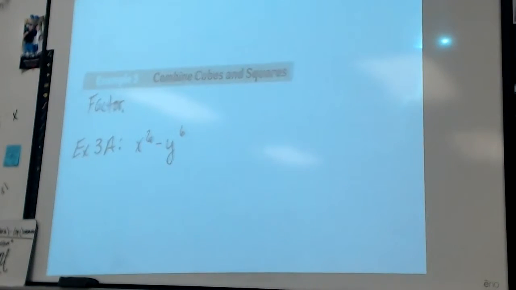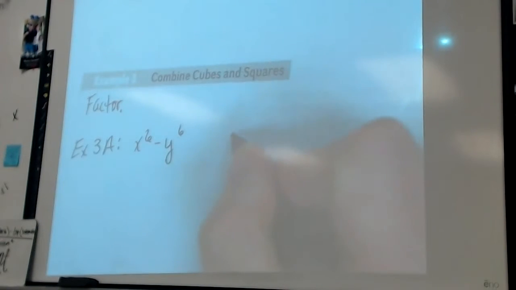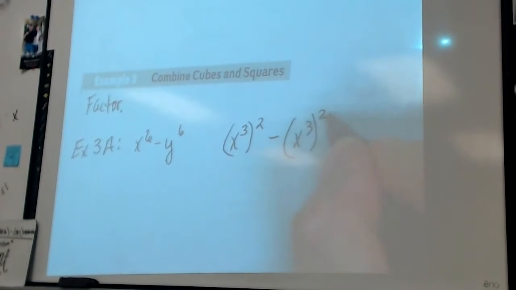Okay, so this could be rewritten as x cubed squared minus y cubed squared. Okay, that's x to the 6th minus y to the 6th.